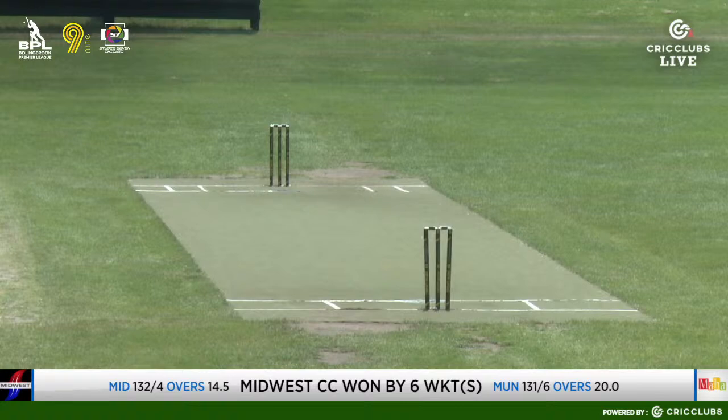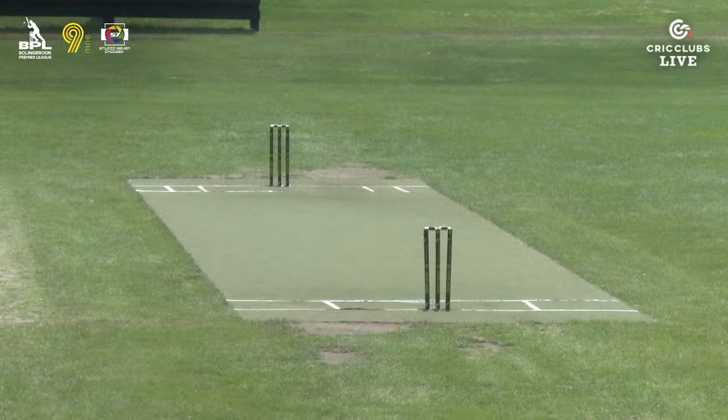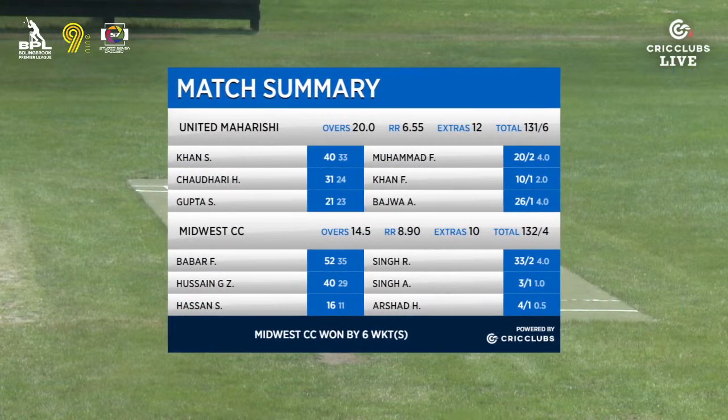Let's just bring up the summaries here for you. So that concludes the first semi-final here from the Bolingbroke Stadium. Just to summarise the match, United Maharishi won the toss, elected to bat first.